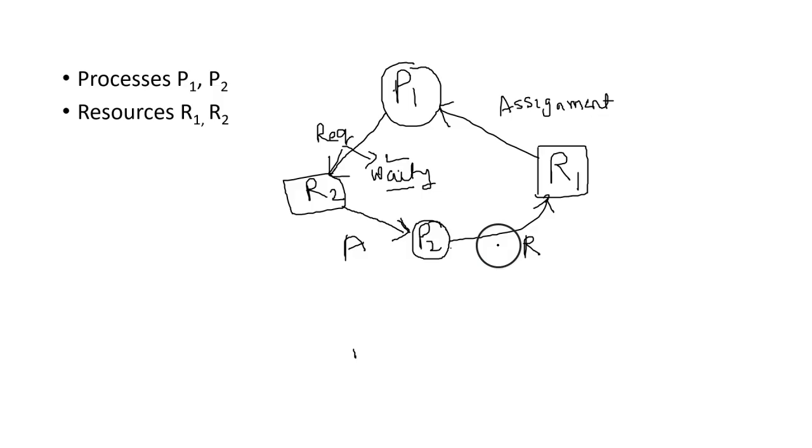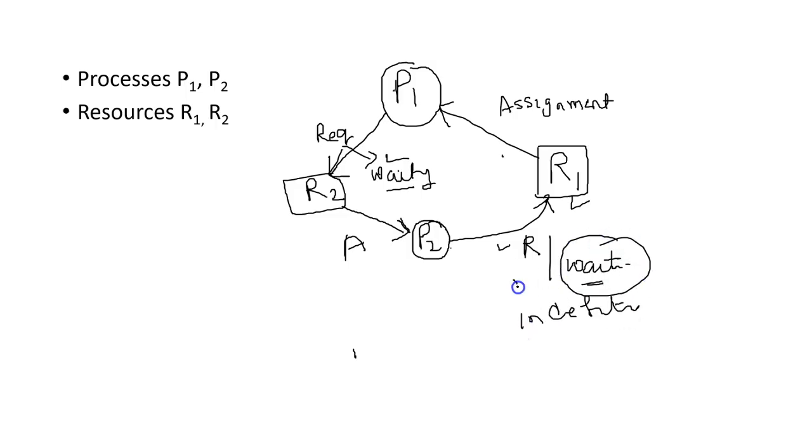So this P2 will get this resource R1 when it is released by process P1. So for that duration, that process P2 will be in a waiting condition. Means that request will be delayed by resource R1. And if this waiting condition is there for indefinite time, then the system will be in a deadlock condition. So this is one of the scenarios of deadlock.